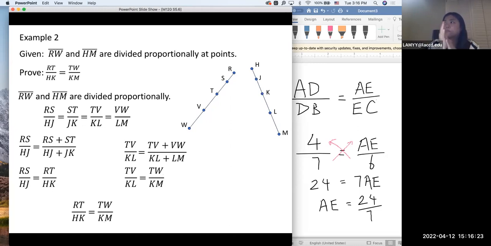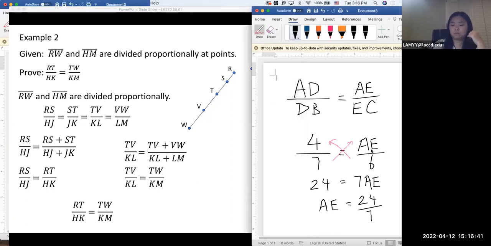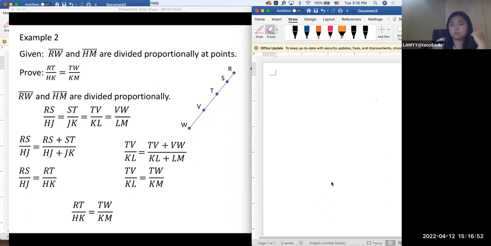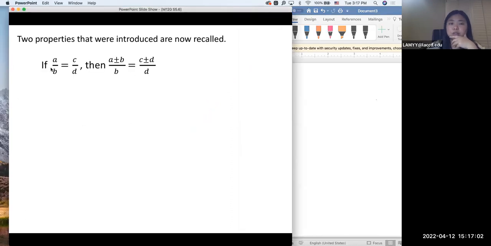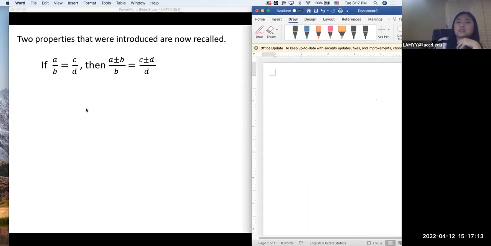Make sense to you guys? Do you still remember these two properties? Remember that we proved it in the previous chapters.